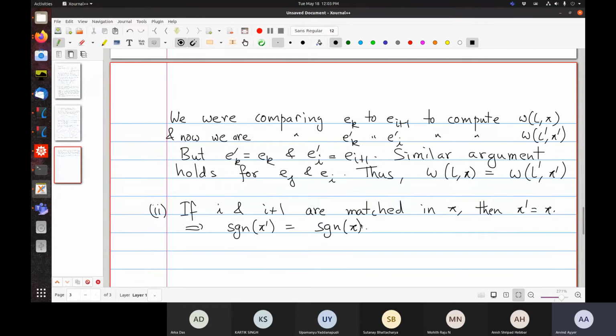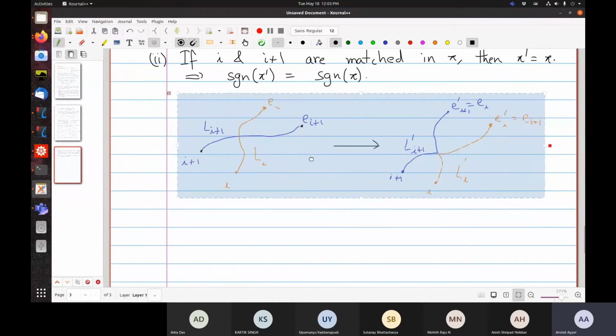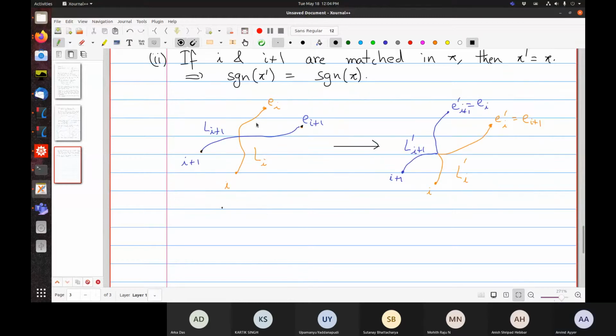And now let me put back the figure. So here they were in pi and here they are in pi prime. So here the sign does not change. What about the weight of L pi?